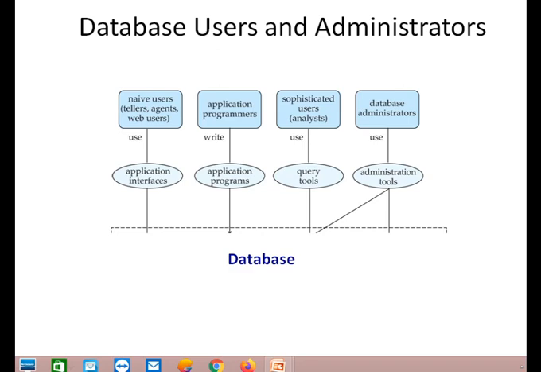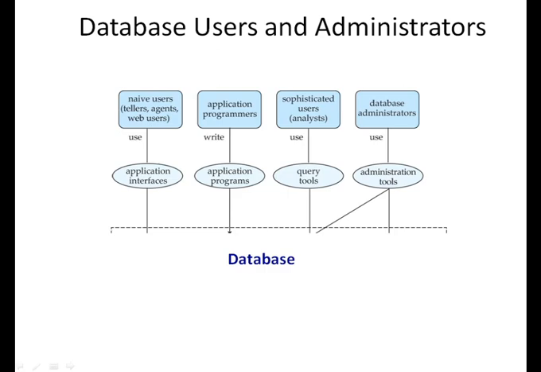Next is your application programmer. These application programmers are the computer professionals who write application programs. Suppose, let's take one example. Suppose a university clerk is a naive user, right? Suppose this university clerk requires the list of students according to the postal code.